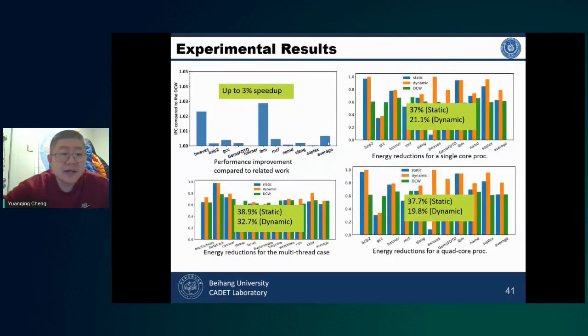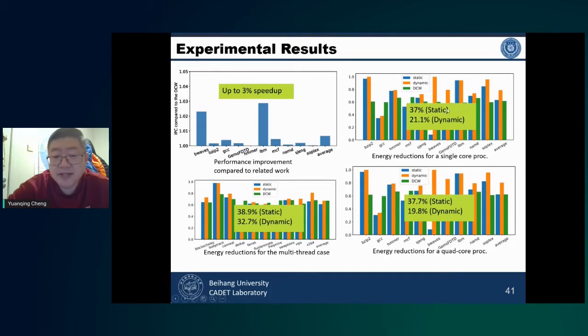These are some experimental results. With our proposed technique, we can achieve 3% speedup because we do not need the read original data operation and save the write latency.